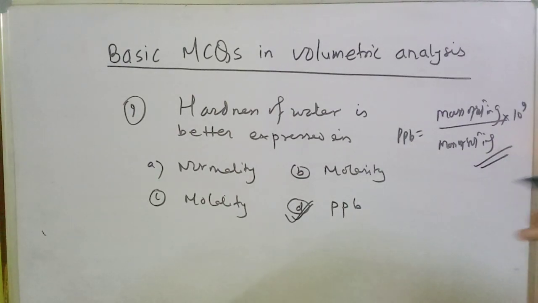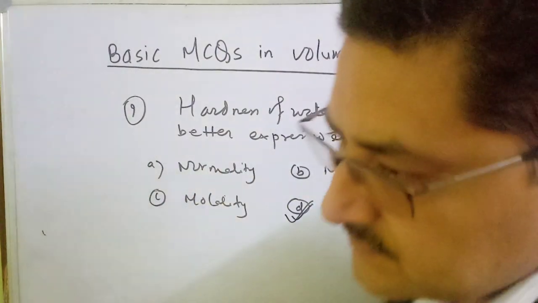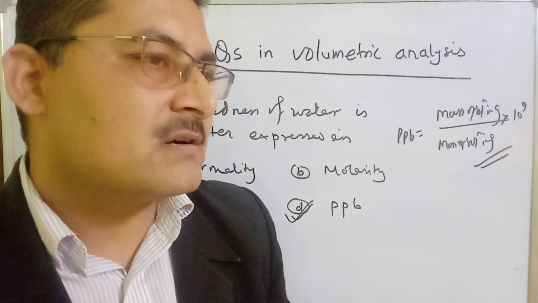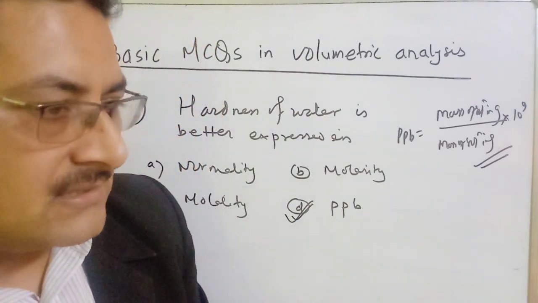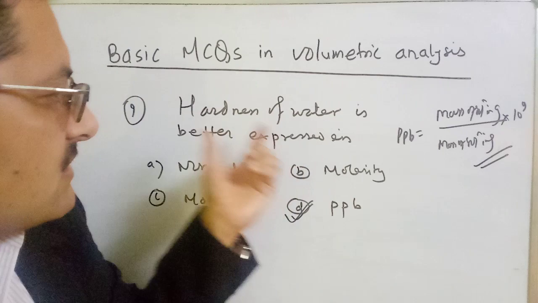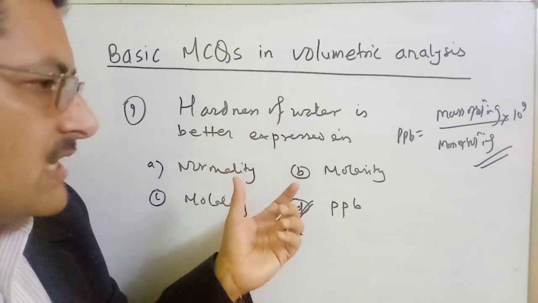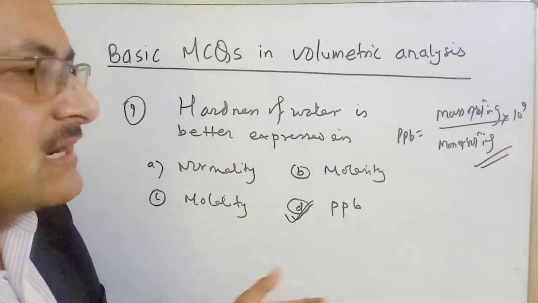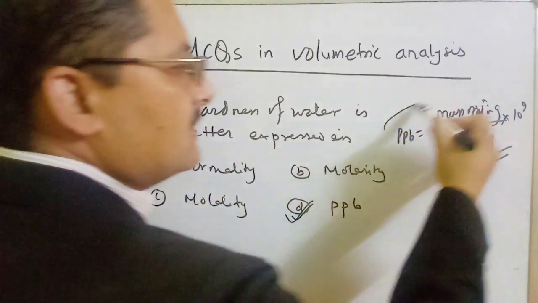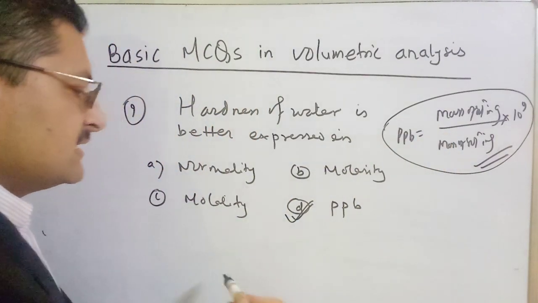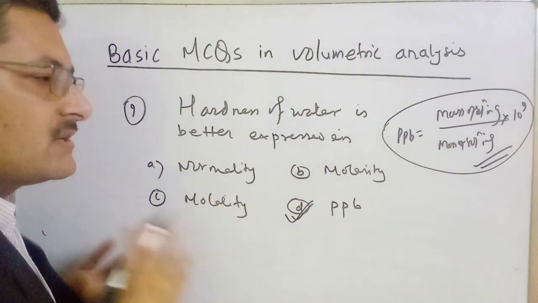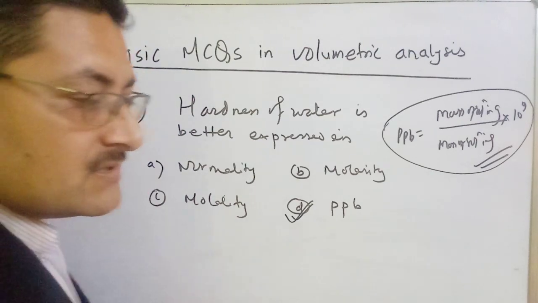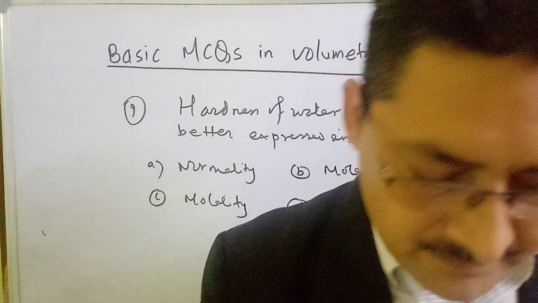It is the concentration term used for estimation of micro or trace elements in a solution. The chemical species which cause hardness of water are definitely present in very small amounts, and that is better expressed in parts per billion or parts per million. So normality, molarity, and molality are not the better concentration terms, but parts per billion is the better concentration term to express hardness of water.